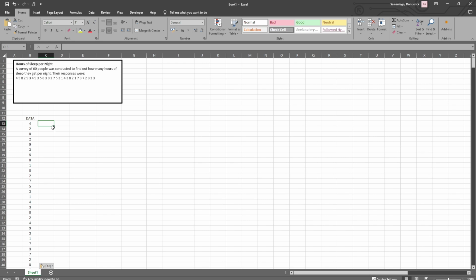Then make a list of the number of classes. I'm going to input 5 for the number of classes. Next is the minimum and maximum data.